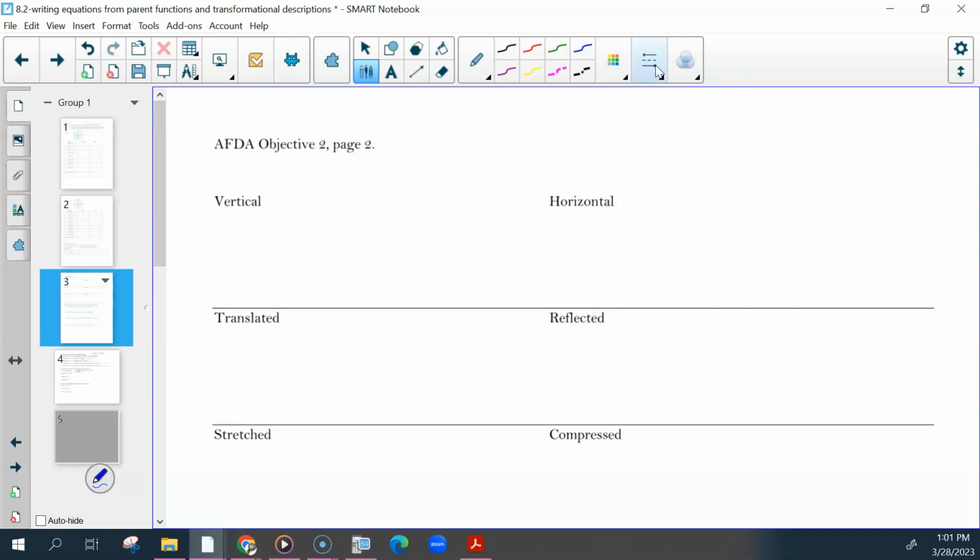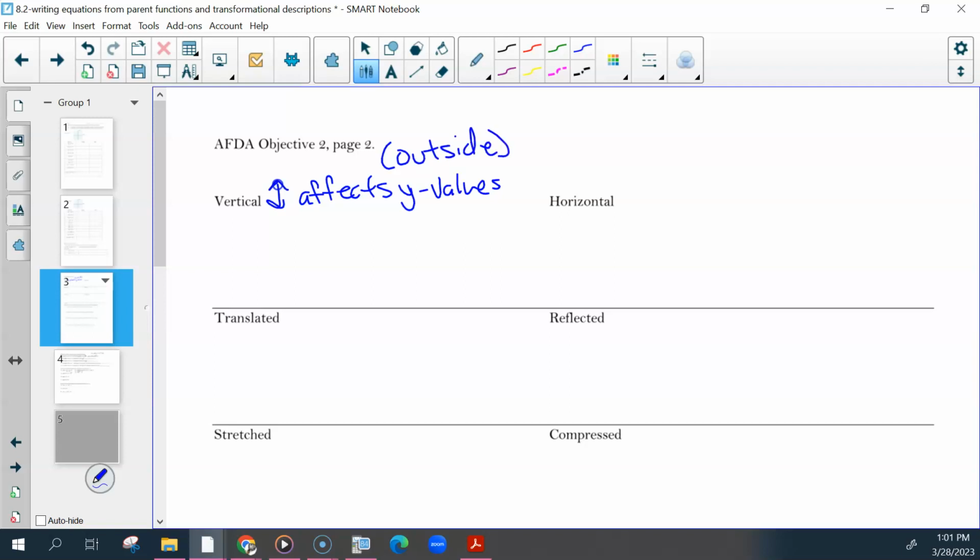So vertically, that would be something up and down. Anything that's vertical affects your y values. There's going to be a lot of writing, so make sure you're doing this and not other things. And this part will make more sense later, but this will be things that happen outside.